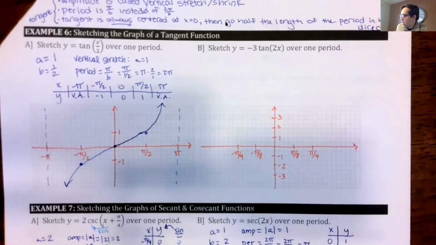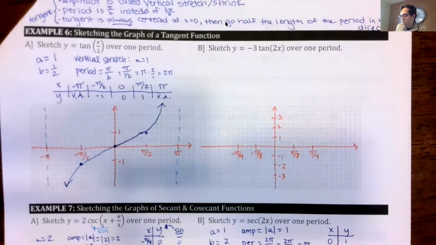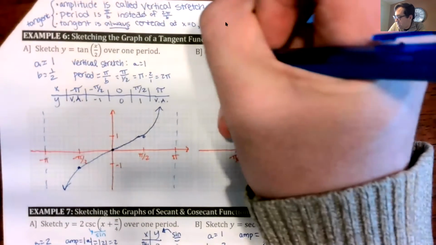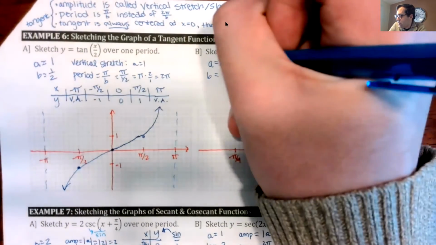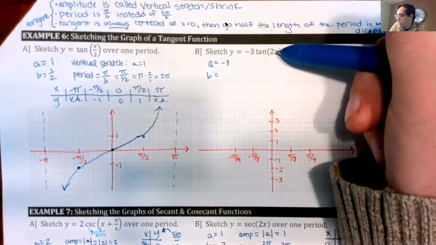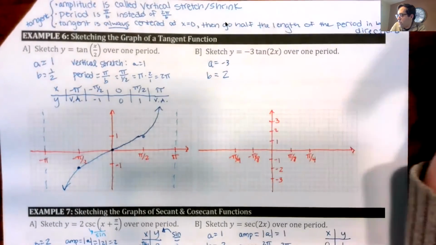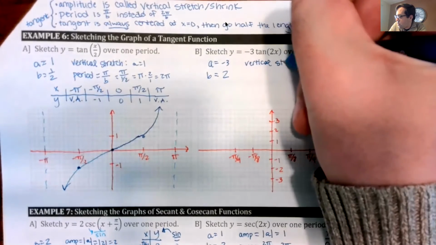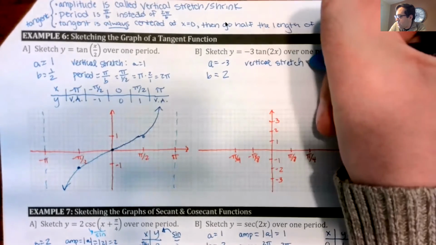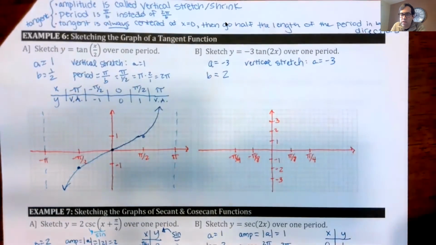Okay, so let's try letter B. Same idea, so we're going to start by identifying A and B. This time A is -3, because it's whatever's in front of the tangent, and the B is 2. So that means our vertical stretch this time is technically -3.